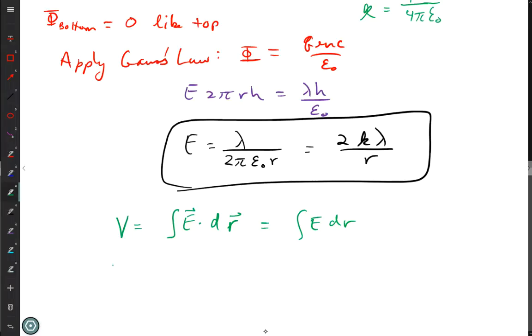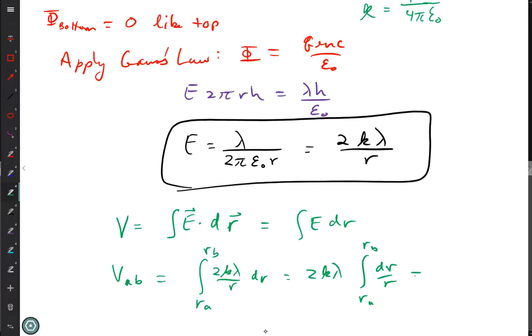And so voltage going from distance away RA to distance away RB. What do you get from that? And I showed putting the limits in right off the bat, right?